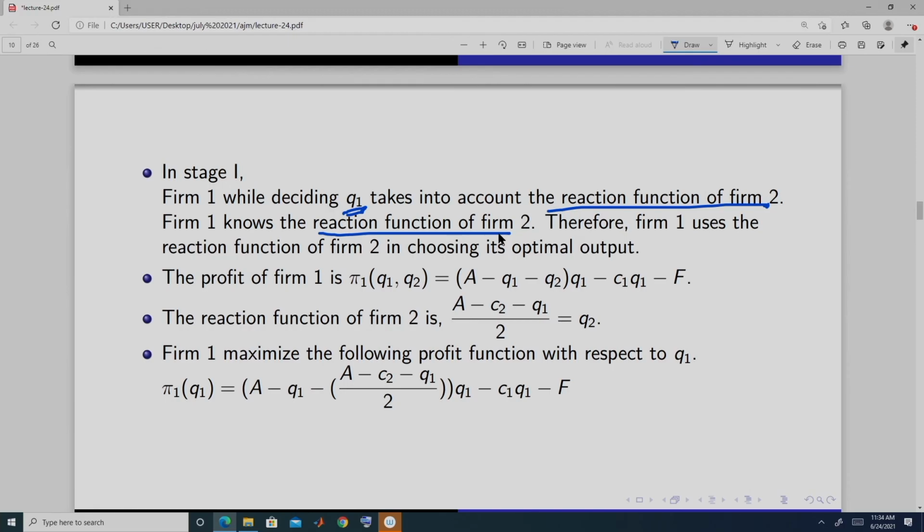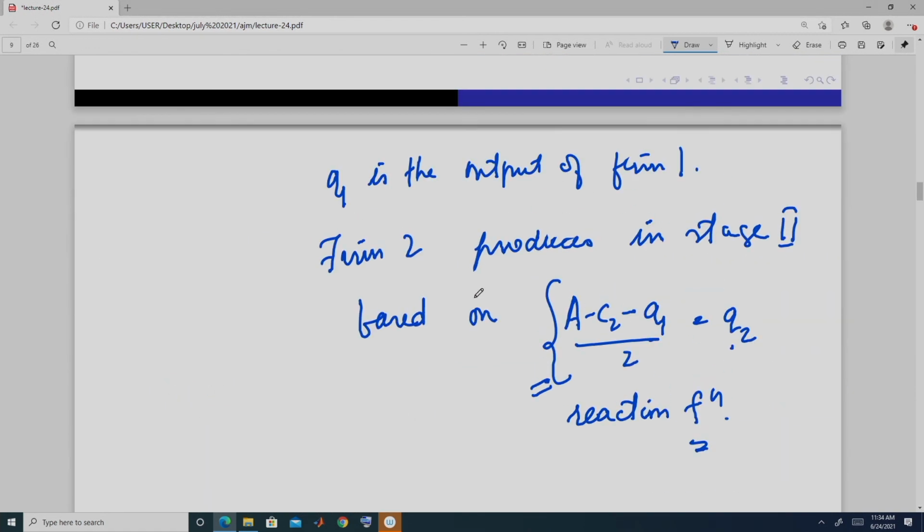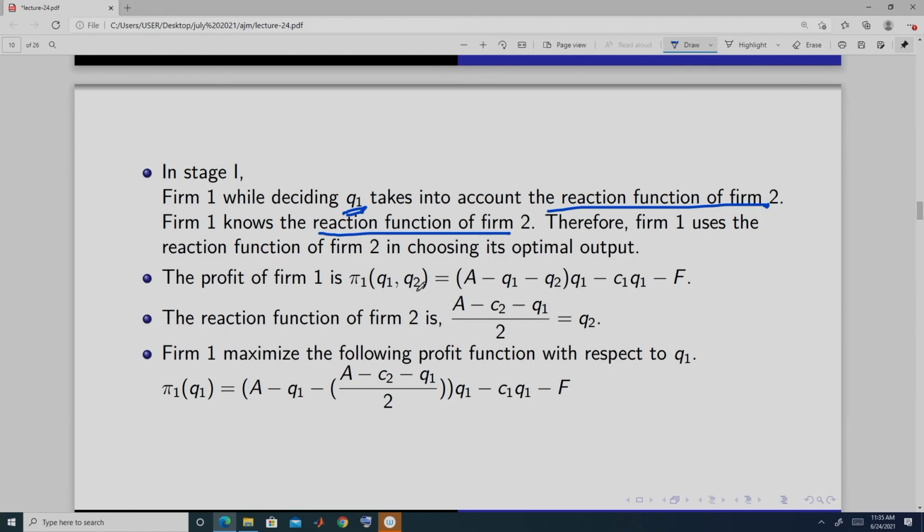Because all this information is common knowledge. The cost functions of firm 1 and firm 2 are common knowledge, and market demand is known to both firms. So, firm 1 can compute the reaction function of firm 2 and use it in choosing its optimal output.